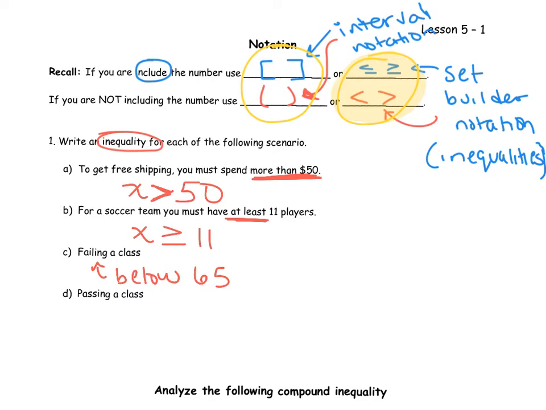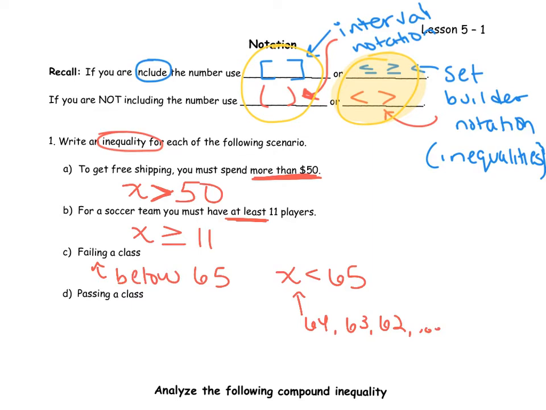Would I include 65? No, because a 65 is passing. So how would I write grades below a 65? Very good. x is less than 65, meaning you could have a grade of a 64, a 63, 62, etc.